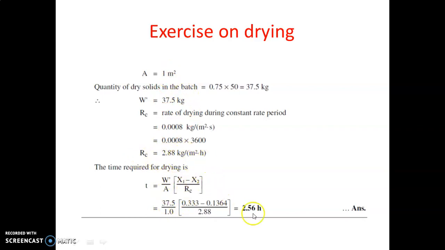From this calculation we obtain T, the time required for drying, as 2.56 hours. Hour is the unit because the rate of drying is given per hour. In this way we can calculate the time for the constant rate period.